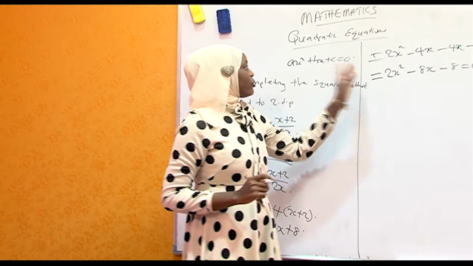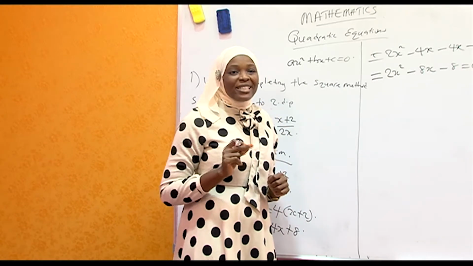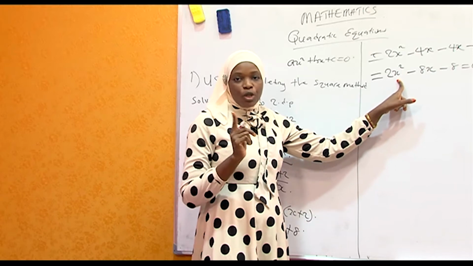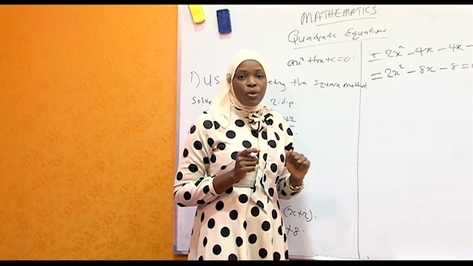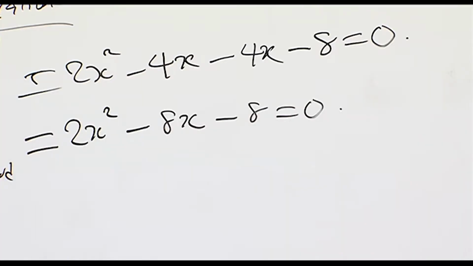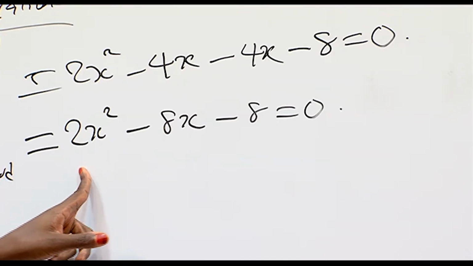This is in the form of this, but because we are asked to use completing the square method, the coefficient of x squared must be equals to 1 before you can go ahead to solve with completing the square. But looking at this equation, the coefficient of x squared is 2. So we have to make the coefficient of x squared to be 1 before we proceed.